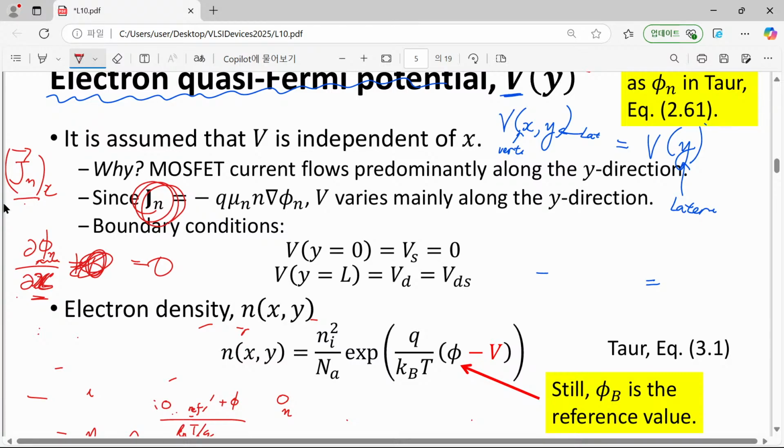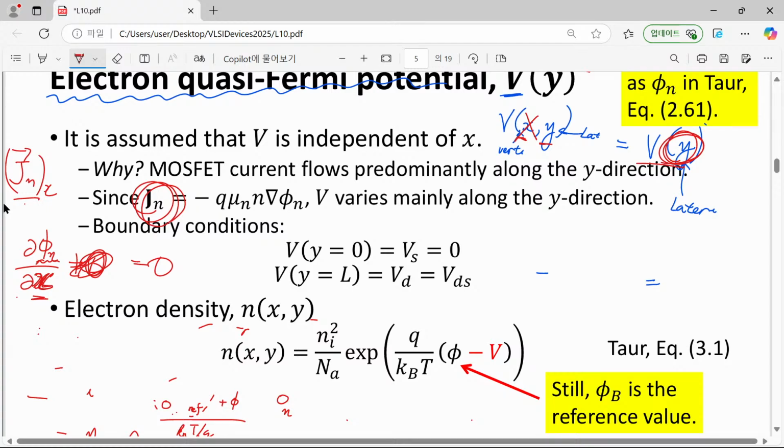That means that although in general we have x dependency and y dependency, the x dependency can be safely dropped. So we have only position channel dependent electron quasi-Fermi potential. This is really important.